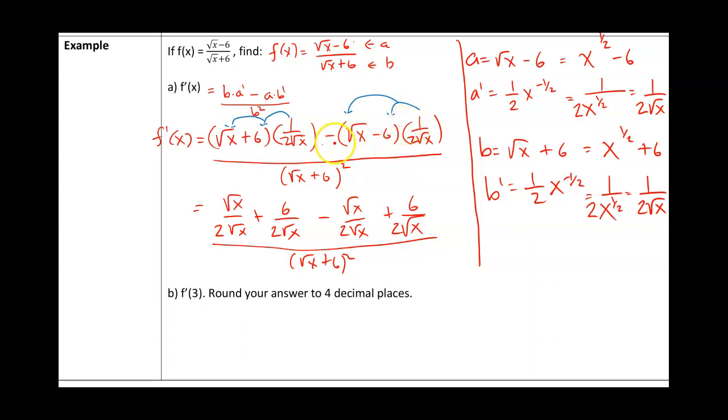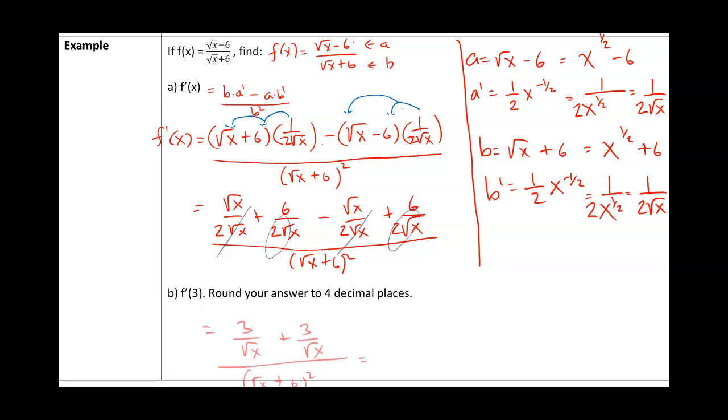You have a negative, and then radical x times 1 over 2 radical x, so that's radical x over 2 radical x. Now here we've got to be careful. We have a negative 6, which actually makes a positive 6, and that distributes to the 1 over 2 radical x, so we get 6 over 2 radical x. All that divided by radical x plus 6 to the second power.